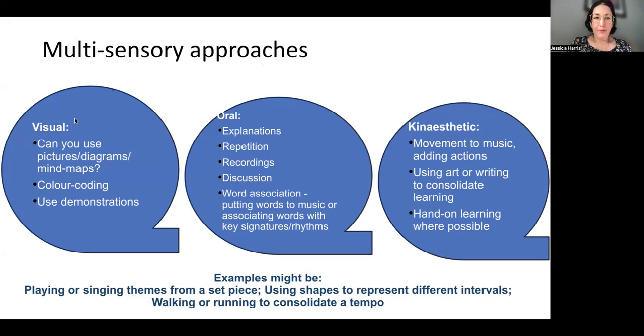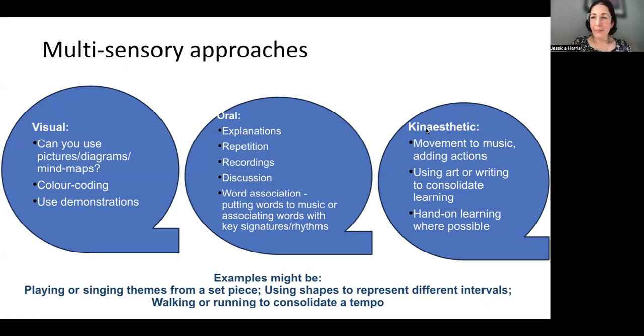Including visual senses, can we use pictures, diagrams, or mind maps? Can we use color coding or demonstrations? If we're thinking about oral approaches, can we integrate explanations, repetition, recordings, and discussions, and use word association, so putting words to music or associating words with key signatures and rhythms?